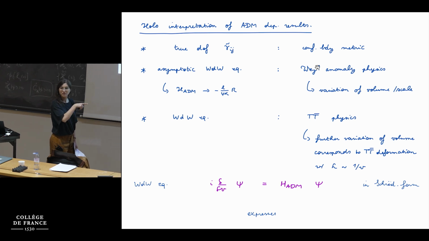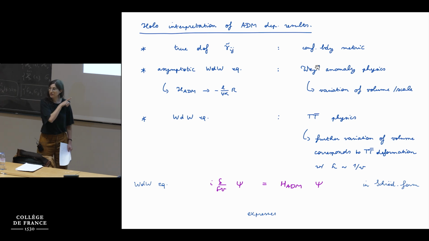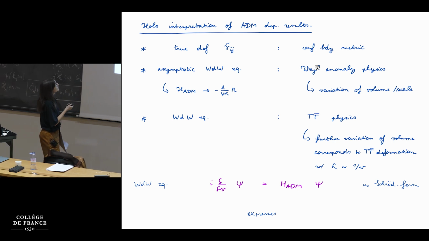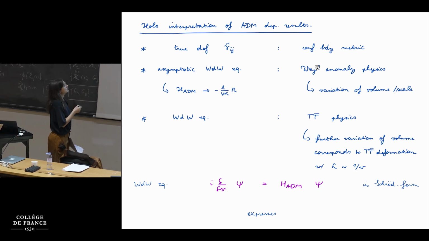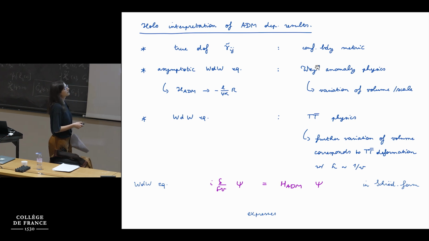This brings me back to the statement of the introductory slide, which is that the full Wheeler-DeWitt equation contains information about dual TTbar physics. Meaning that if you vary the volume further, it corresponds to TTbar deforming your dual theory with a TTbar coupling that is inversely proportional to V, to your volume time.